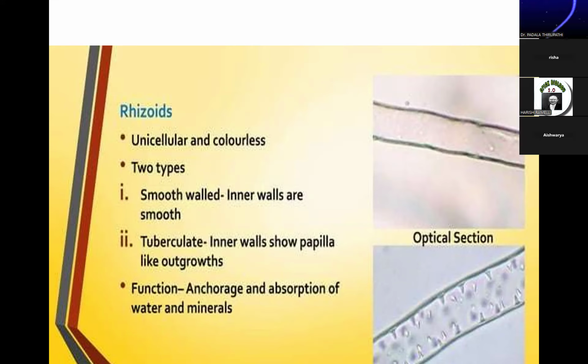In the diagram, it is clearly visible. The inner wall shows papillae-like outgrowths. The function of these rhizoids is anchorage, meaning fixation, as well as absorption of water and minerals.